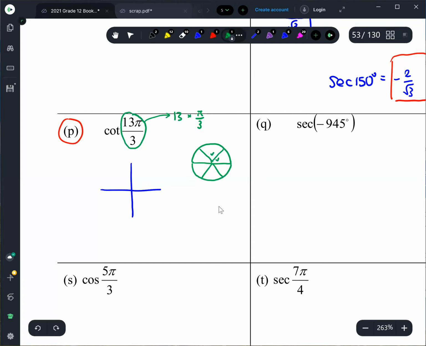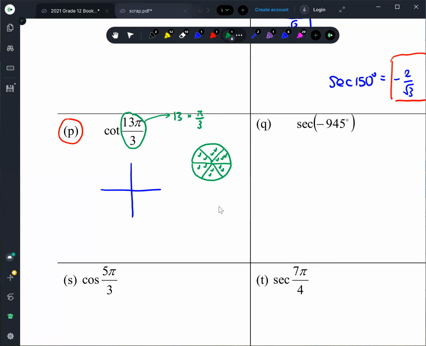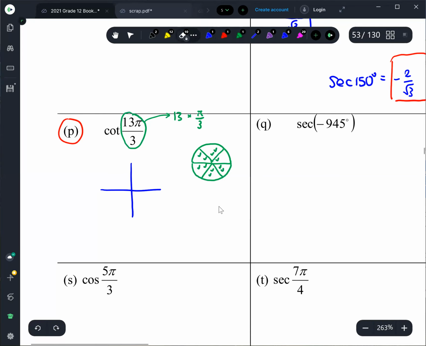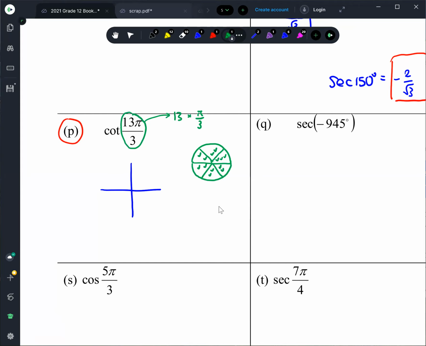Pi over 3, 2 pi over 3, 3 pi over 3, 4, 5, 6, 7 pi over 3, 8, 9, 10, 11, 12, 13. 13 pi over 3 should stop in the first quadrant.